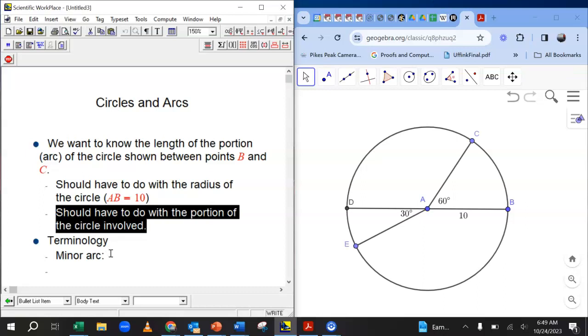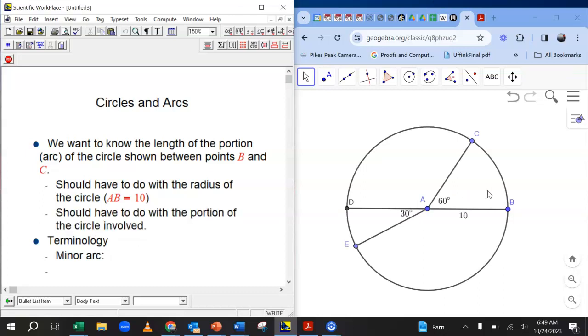So a little bit of terminology. If I say the portion of the circle between B and C, and I don't clearly indicate that it's this small portion here, I could mean going around the back way, going clockwise from B all the way around to C. And I need to have a distinction there. So what's called the minor arc, and what we do is we take the two endpoints of that arc.